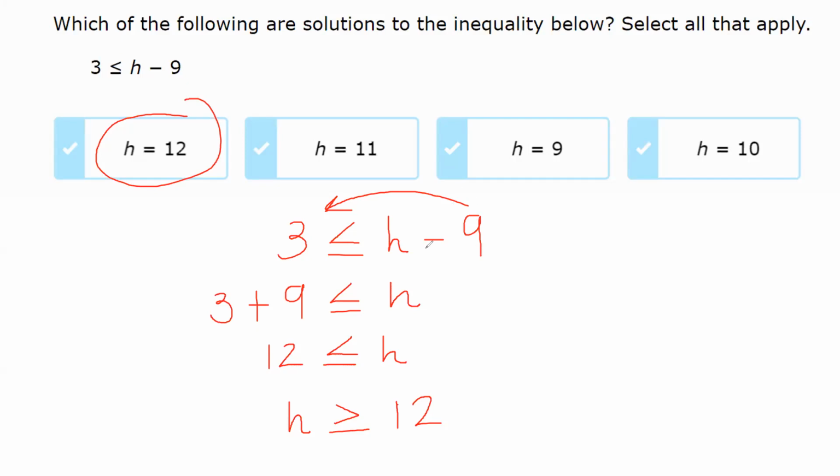What did we do with this negative 9? We move it over next to the 3, and then we add 3 plus 9, and that's equal to 12. Then we switch the sign, right? Yes, sir. Good.